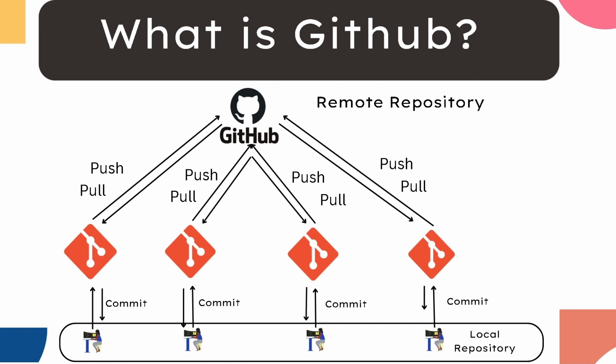They cannot send those changes locally. It will be very difficult. There comes GitHub, a centralized repository where each and every developer can collaborate. They can commit their changes into that repository, and the code changes which developers made will be reflected in the repository on GitHub.